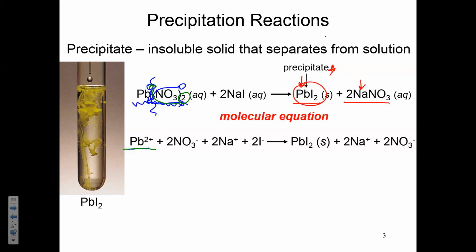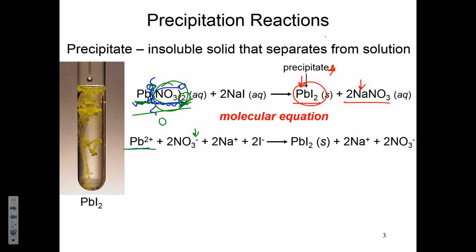Now, to balance out this Pb2+, we know that this NO3 has to balance out that 2+. We also know there's 2 of them. So we can then determine that this is a negative, because if we have 2 negatives, that will cancel out a 2 positive, and that will be a neutral compound.